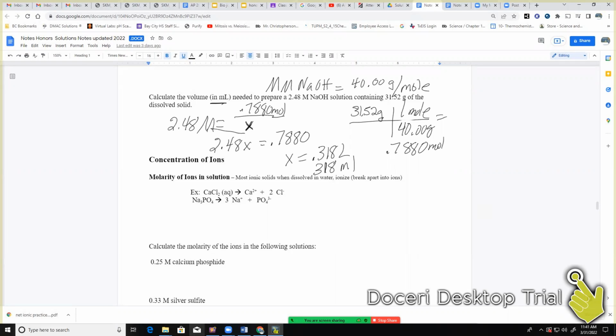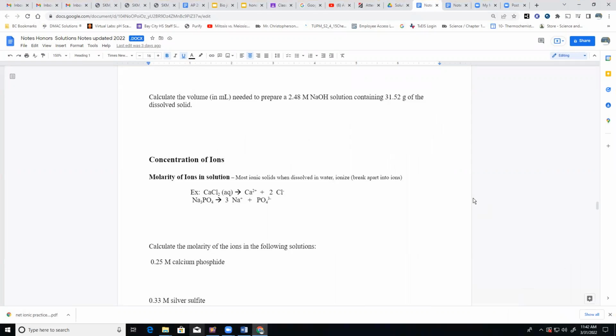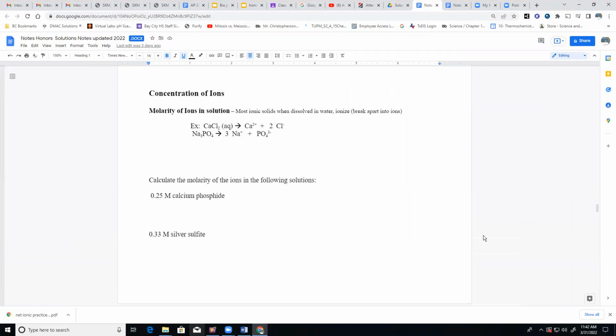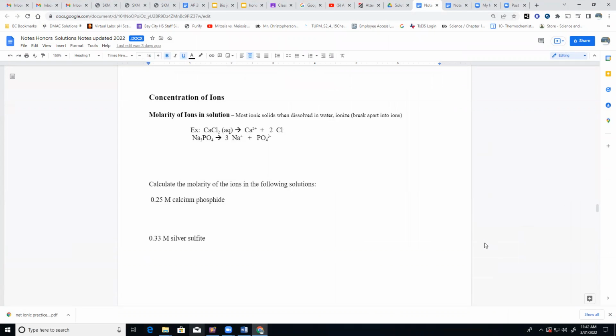So those are kind of the typical problems you will see. Like I said, the easiest thing would be if you were given the moles of solute straight away, but usually you have to kind of work around that. All right, and then we're going to talk about concentration of ions in a solution, because we really start using this tomorrow when we're doing our net ionic problems.